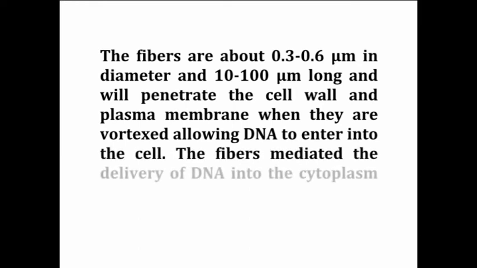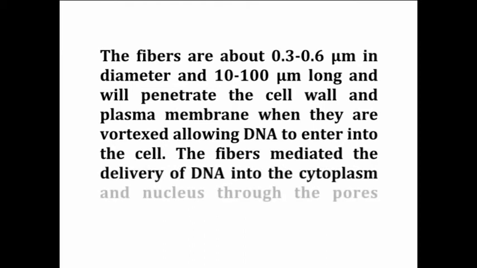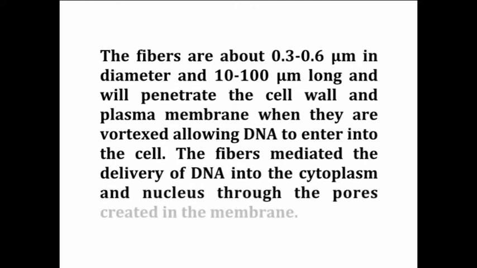The fibers mediate the delivery of DNA into the cytoplasm and nucleus through the pores created in the membrane. The method is found to be widely applicable in transformation of maize and tobacco suspension culture cells.